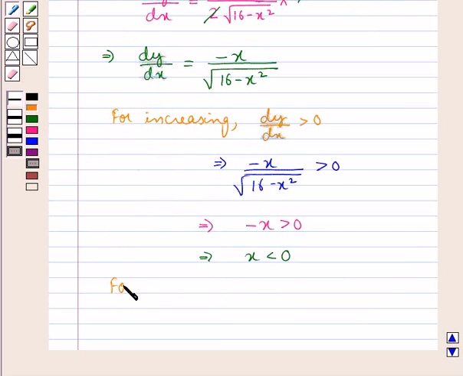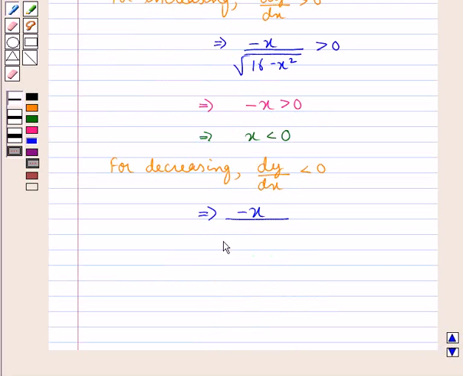For decreasing, we have dy by dx less than 0, which means that minus x is less than 0, or x is greater than 0.